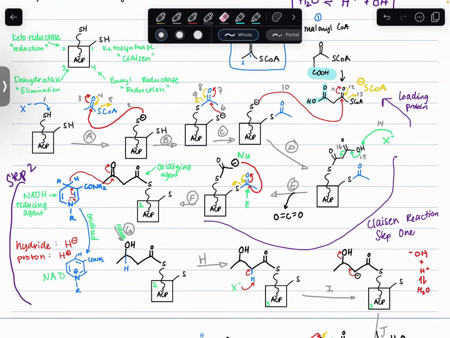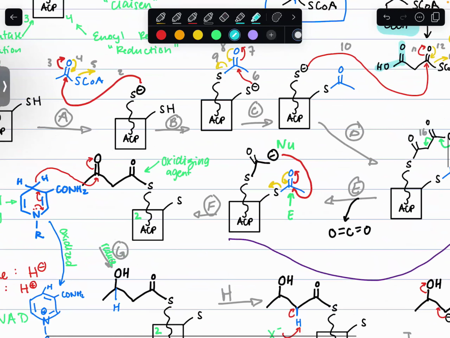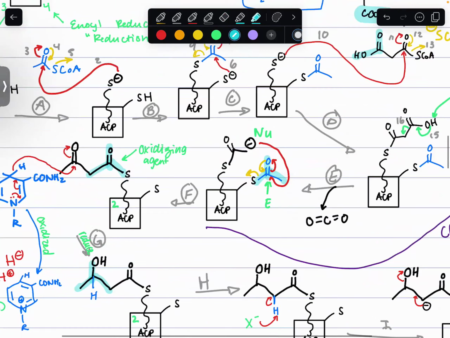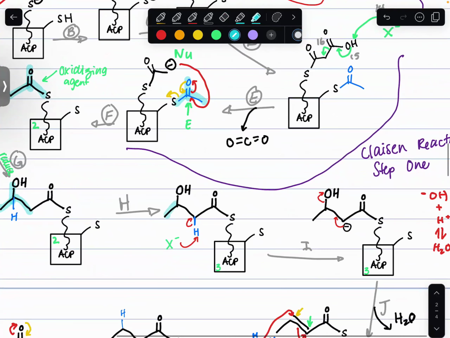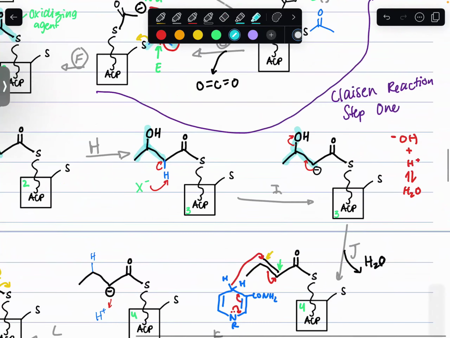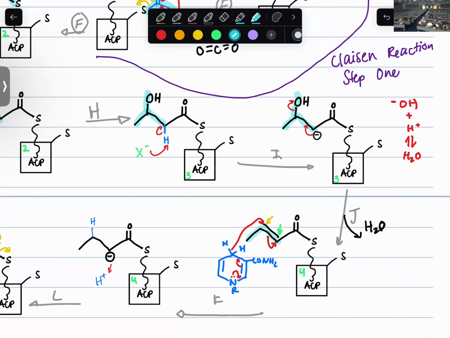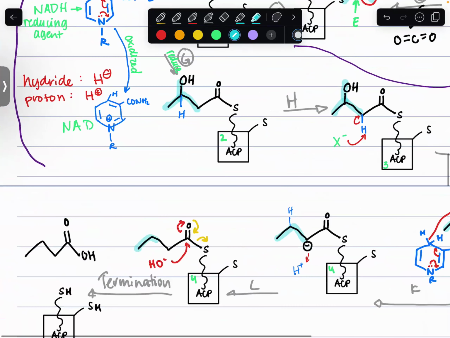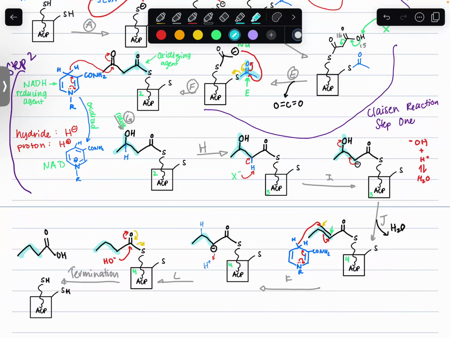I could have kept going with the blue here. But see how this one is blue? It's this, which is this, which is this. And so it takes 15 steps.